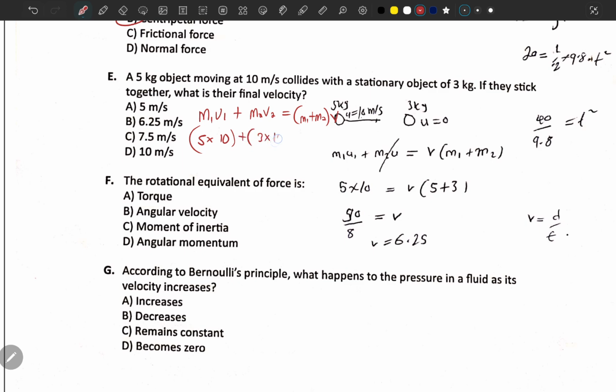Then 3 times 0. It is 0 here. It is stationary, meaning its initial velocity was 0. So we add 5 plus 3 and multiply by V. So we get 50 is equal to 8 V, over 8 over 8. So what is V? Our V is 6.25.